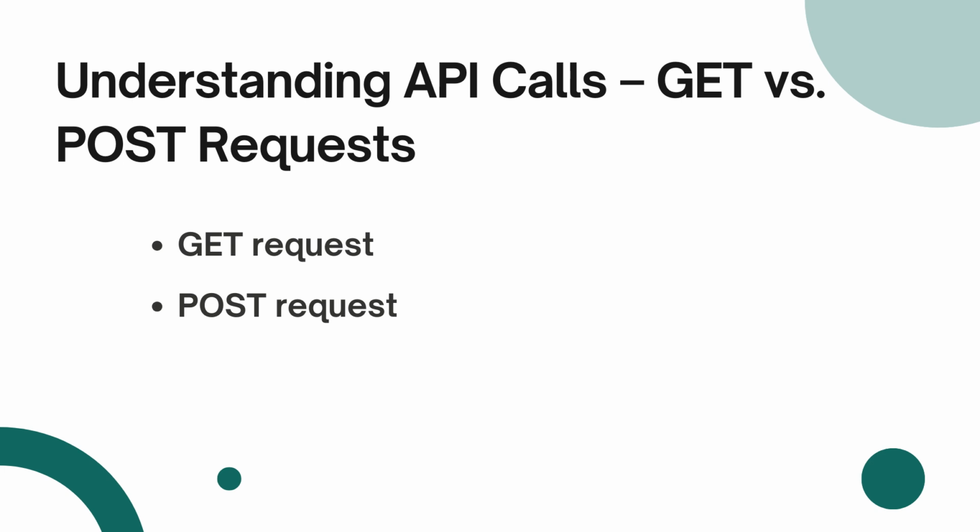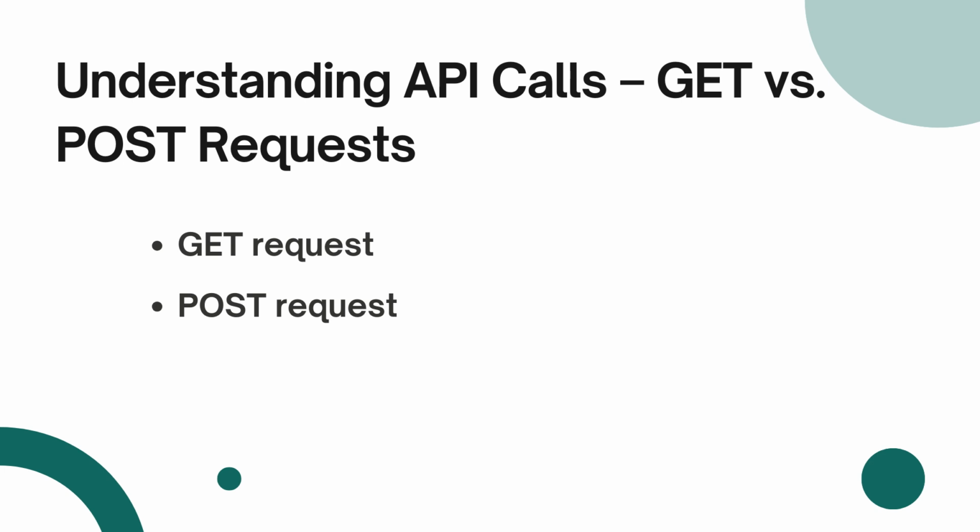Similarly, when we send a GET request to an API, it responds with the requested data in a structured format, JSON format. A POST request, on the other hand, is used to send new data to a server. For example, when you sign up on a website, your details like name and email are sent to the server using a POST request, and the server creates a new account for you.